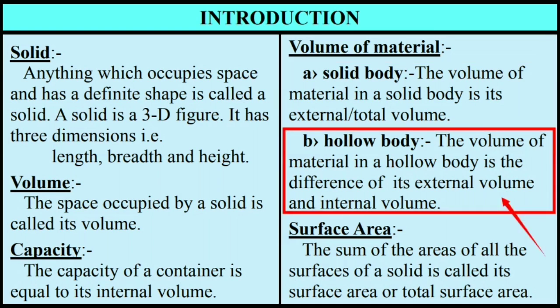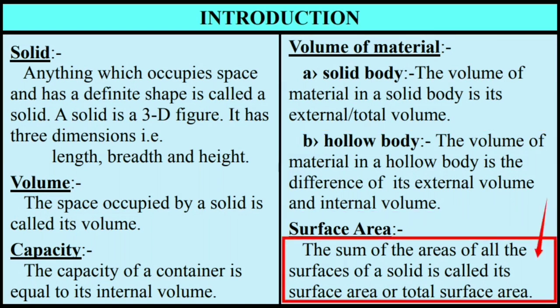Next, the volume of material used in a hollow body is the difference of its external volume and internal volume, because any object which is in the form of a container has some thickness. Next one is surface area. The sum of the areas of all the surfaces of a solid is called its surface area or total surface area.